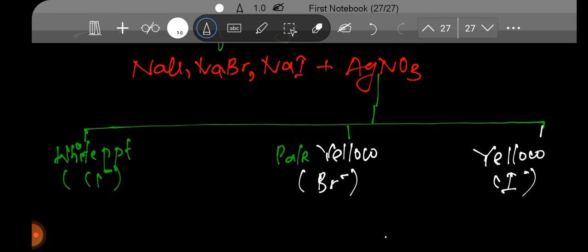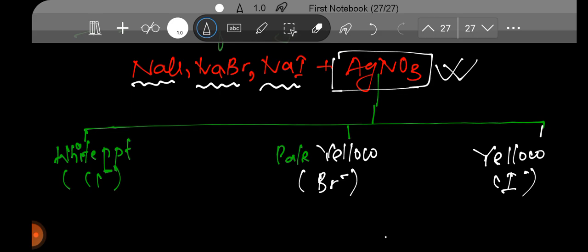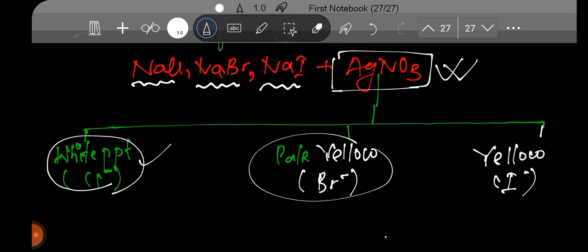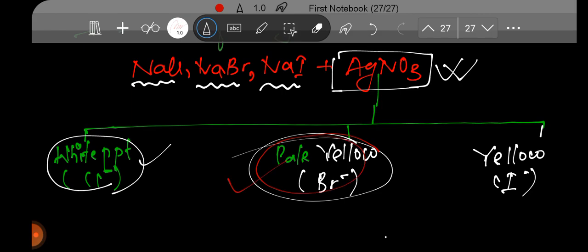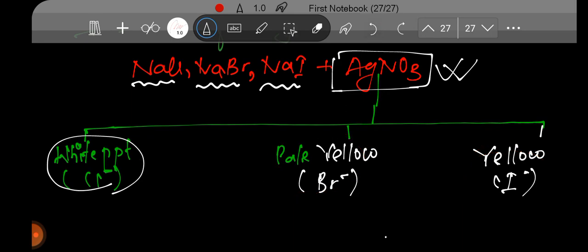See, a simple reaction. If there is NaCl or NaBr or NaI, it simply reacts with AgNO3. If there is a white precipitate, it is chloride ion. If there is pale yellow precipitate, then it is Br minus. If there is yellow, then it is iodine.